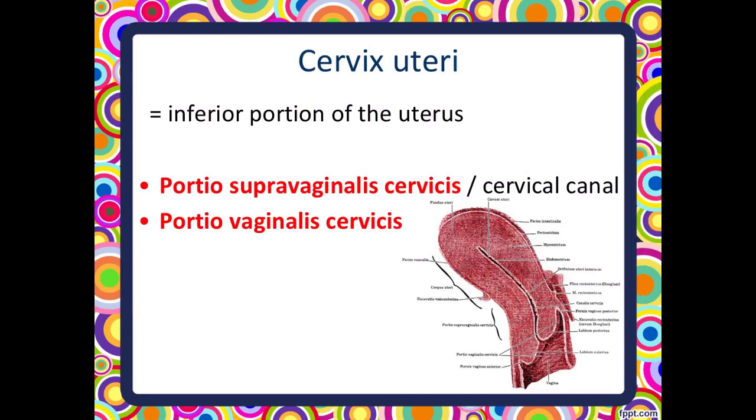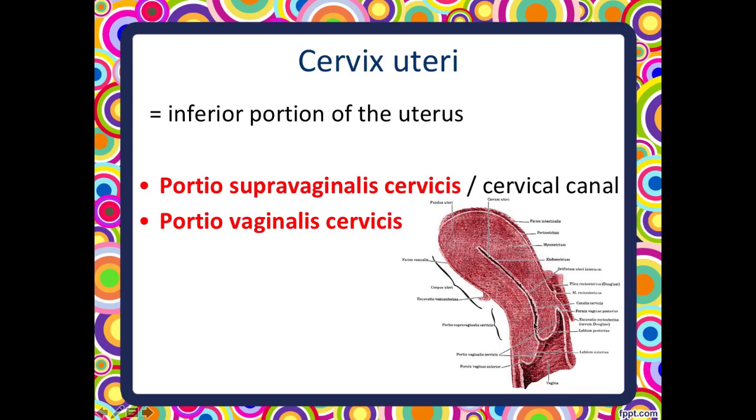Cervix of the uterus. That's the inferior part of the uterus, which is divided by the insertion of the vagina into the upper supravaginal part, portio supravaginalis cervicis, and lower vaginal part, portio vaginalis cervicis. The supravaginal part has the cervical canal within.